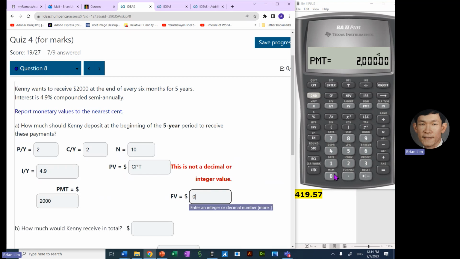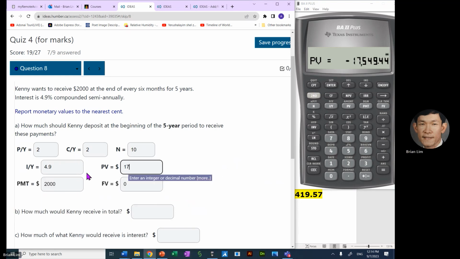Now, future value will be 0 because it will be all withdrawn. So let's compute the present value and we get 17,549.44.